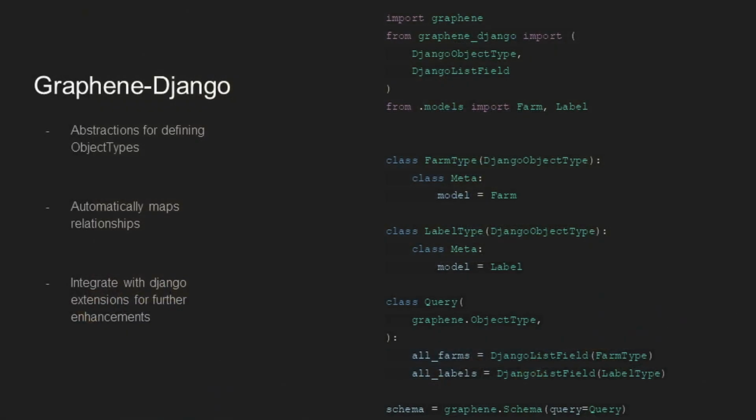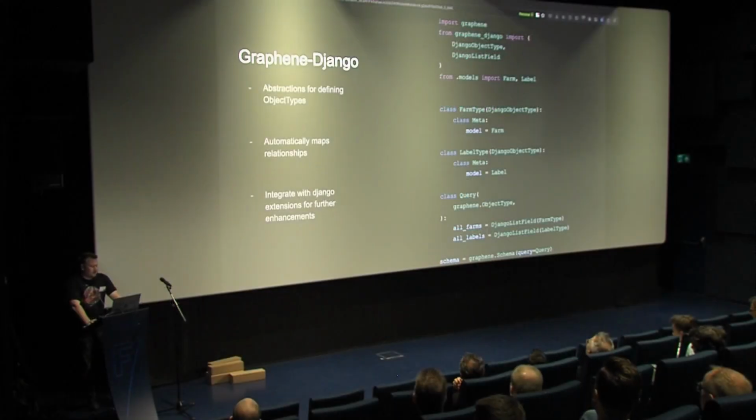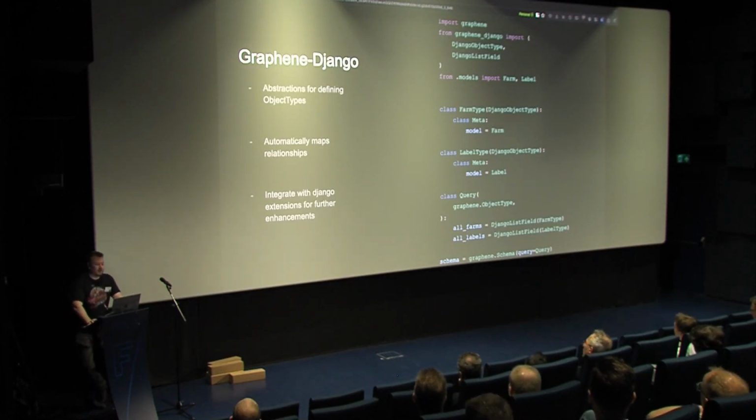So Graphene Django, that's an extension of Graphene. It works on the concept of adding data to the schema in a code-first approach, and they provide some abstractions to make it way easier to configure your schema.